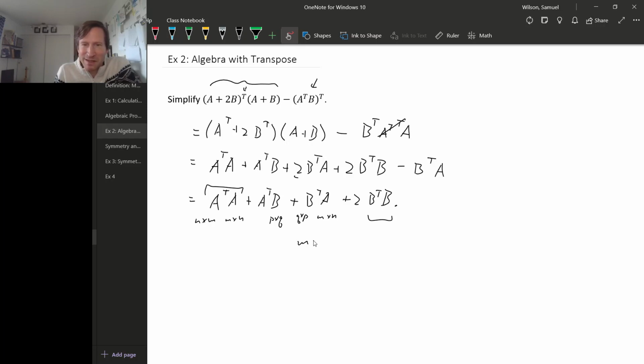So m equals p, and A transpose is n by m, and so again we see that m has to be p. So A is n by m, and B is q by m. So it turns out that these have to be the same.